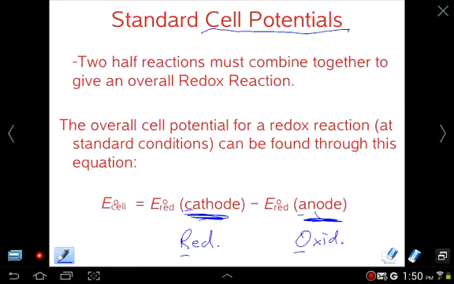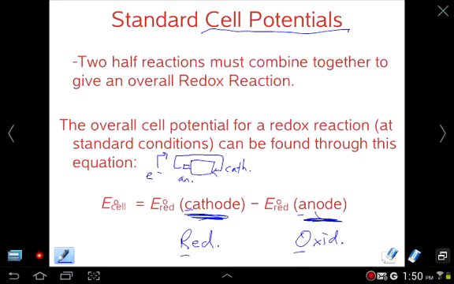And if you recall, here's your battery: electrons are produced at the anode, and they travel through an external circuit to the cathode. Because electrons are produced at the anode, that's where oxidation happens. Oxidation is the release of electrons, and so electrons naturally must go toward the other side, the cathode side, where reduction takes place.